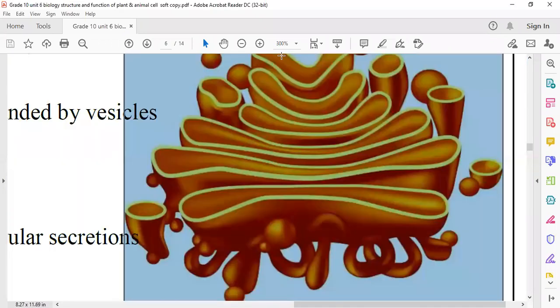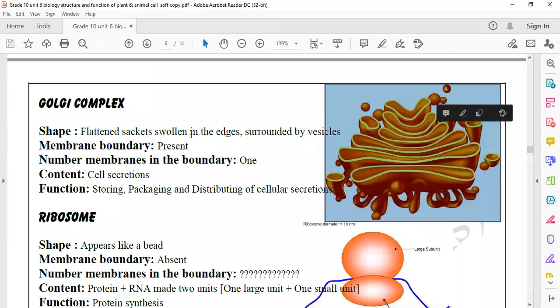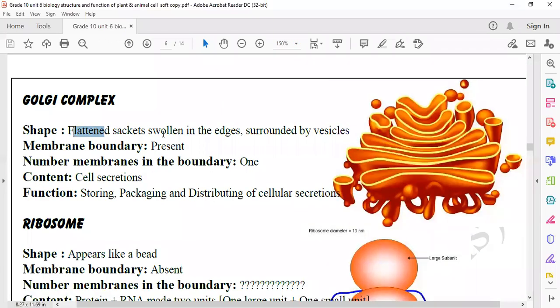This place is narrow. This place is thick. The center portion is narrow. It is the one explained here: flattened saccules, swollen at the edges. That means the edges are thick and the center is narrow.